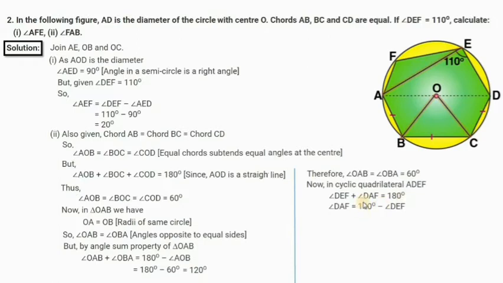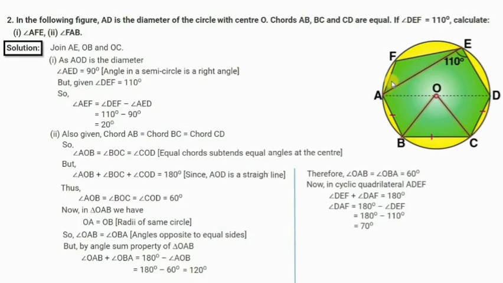Okay, so from here we have DAF equals 180 minus DEF, and how much is DEF? It is 110. So that's why DAF, that is, this angle turns out to be how much? 70 degree.